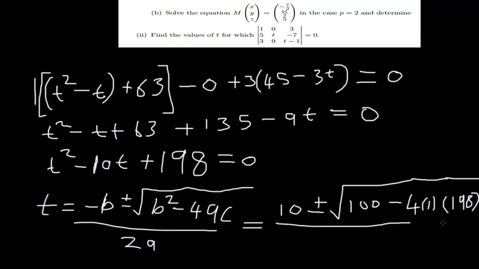And everything divided by 2a. Our a is 1, 1 times 2, you just remain with 2 like that.